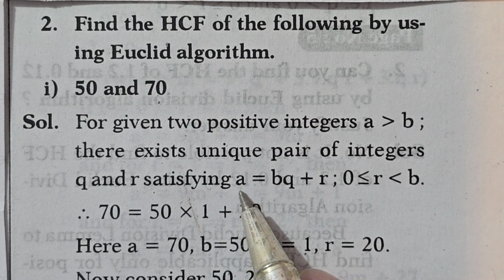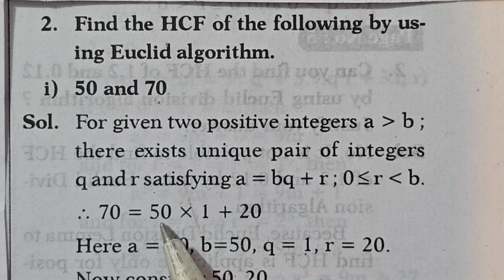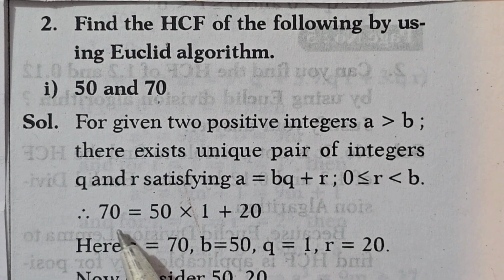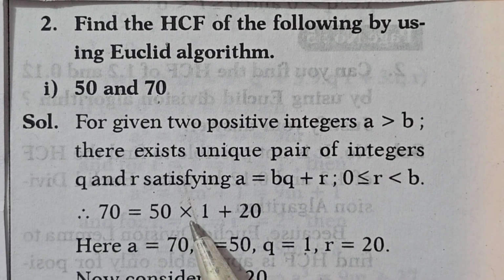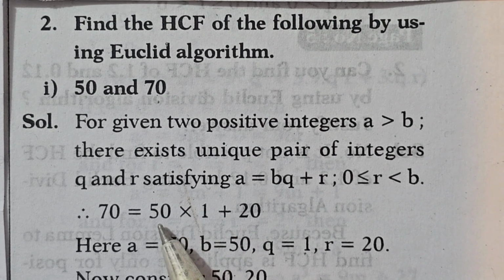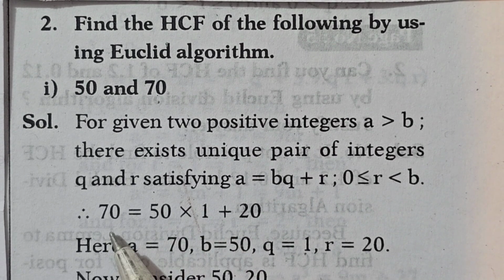Here we can substitute these values in this equation. A equal to 70 and B equal to 50. 50 one time is 50. 50 two times is 100. So it is not possible to take Q equal to 2, because 50 times 2 is not equal to 70.